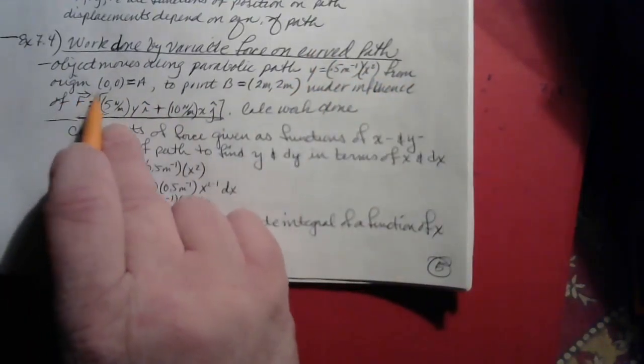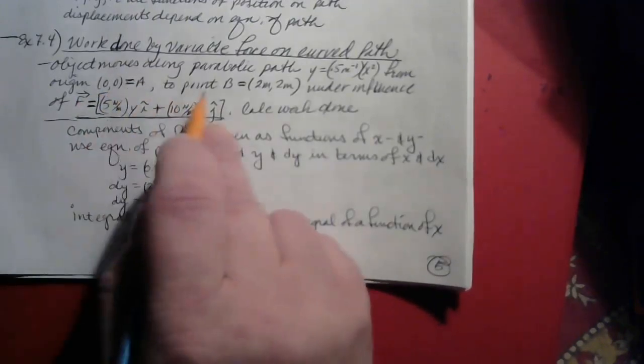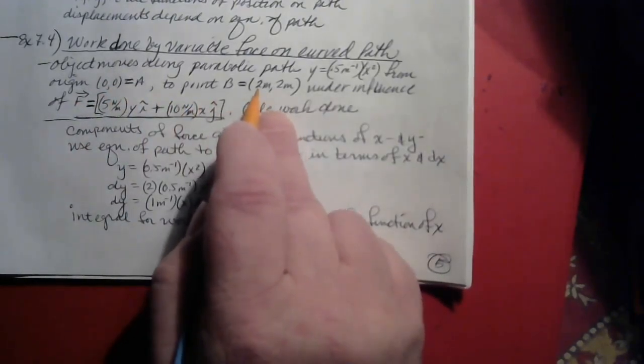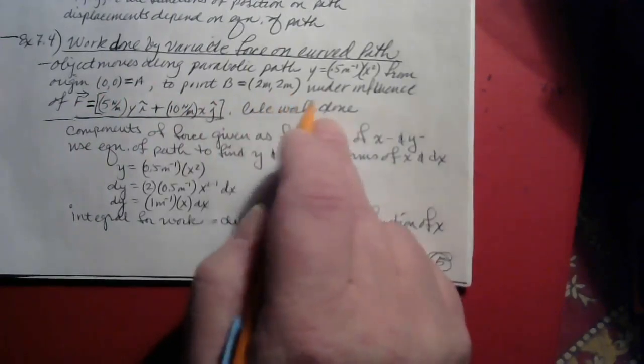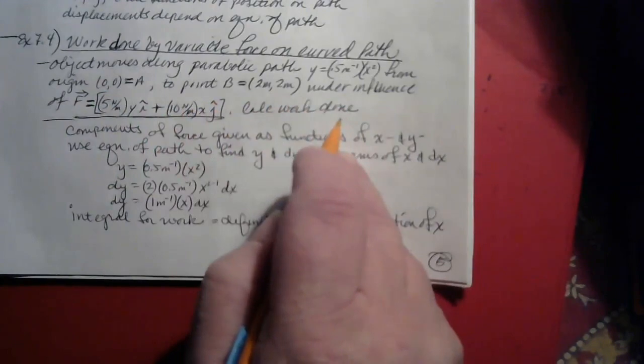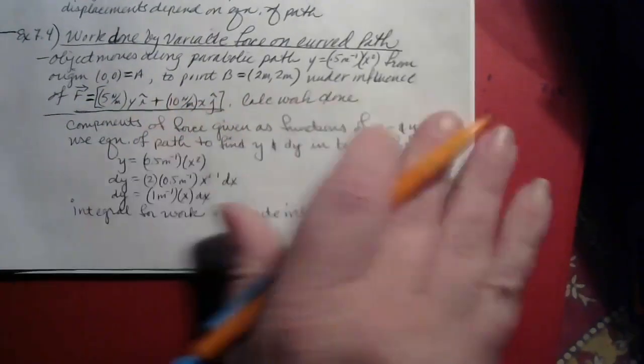And the object is moving from the origin, or point A, which is (0, 0), that is x is 0 and y is 0, to point B, where x is 2 and y is 2, under the influence of the force given by 5 newtons per meter times y times unit vector i, plus 10 newtons per meter times x times unit vector j. And you want to calculate the work done.